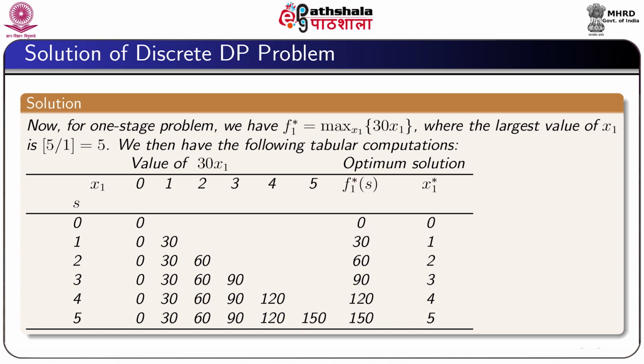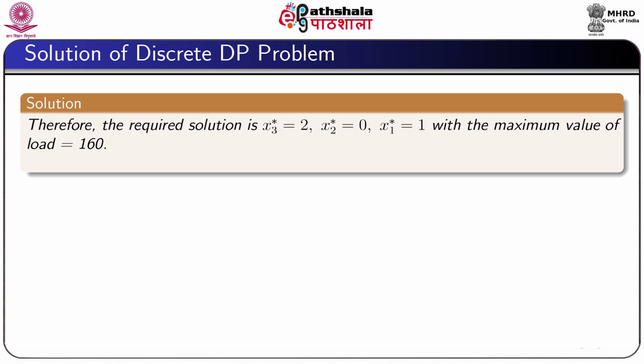Thus, we find the optimal solution as x3 star equal to 2, x2 star equal to 0, x1 star equal to 1, with the maximum value of load equal to 160.